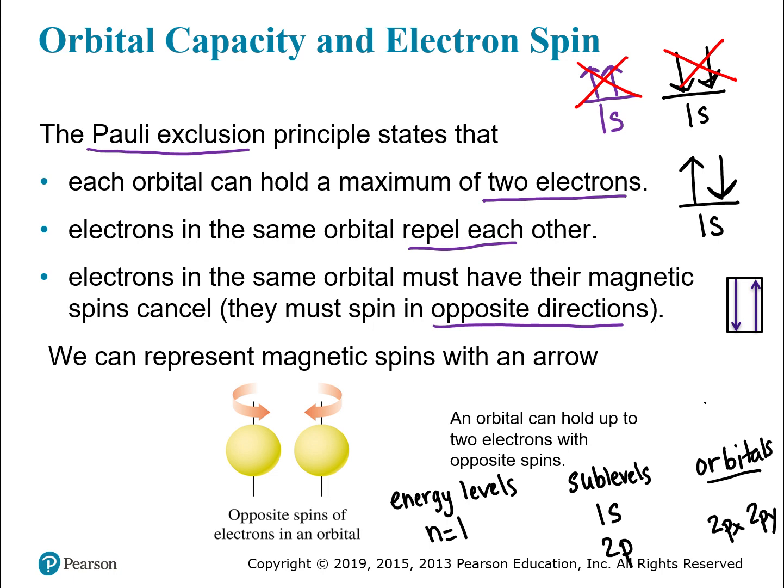So does the Pauli exclusion principle make sense? And then when we talk about energy levels and sublevels and begin to talk about orbitals, do those things register? So it's a 2-part question.